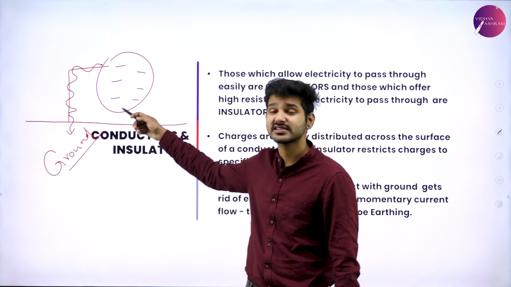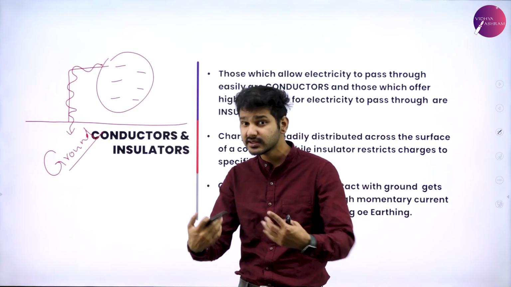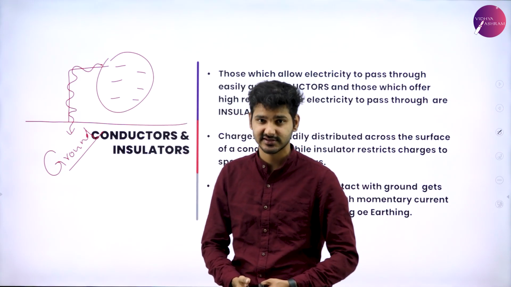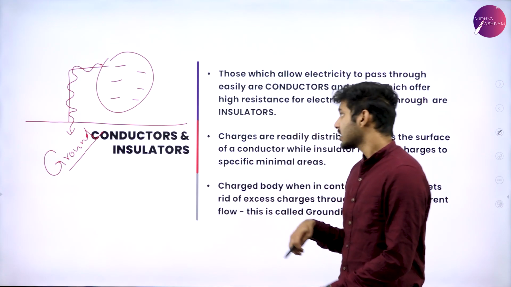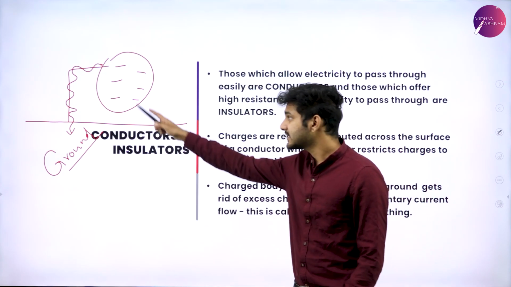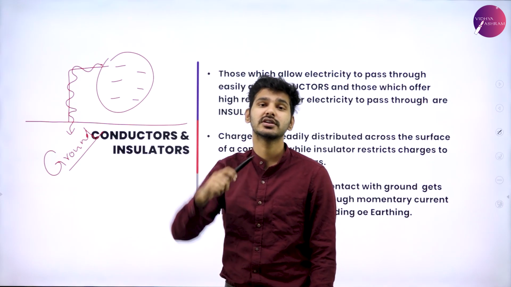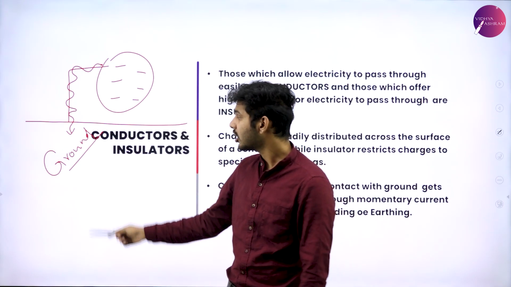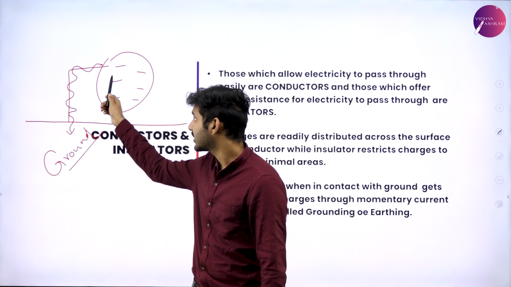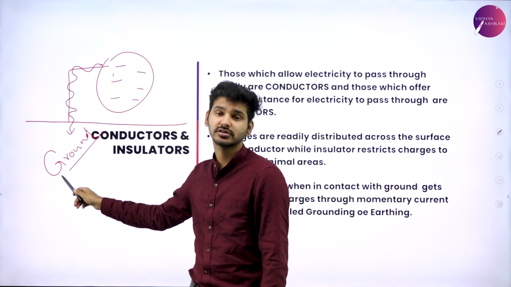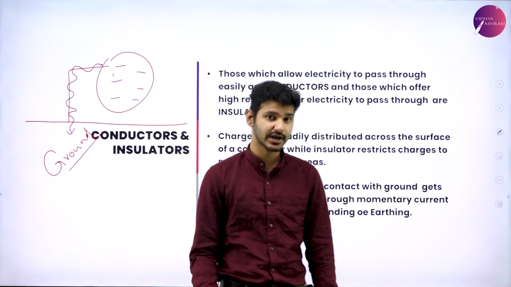That is why the charges are eager to go to the ground, meet the positive charges and cancel each other. That process where excessive charges are directed down to earth is known as grounding or earthing, because we are directing the excessive charges to the ground.